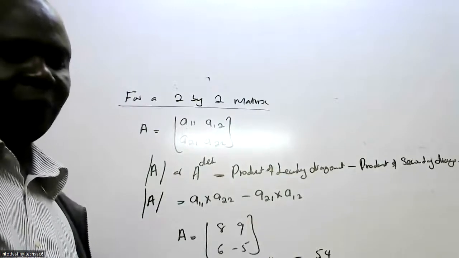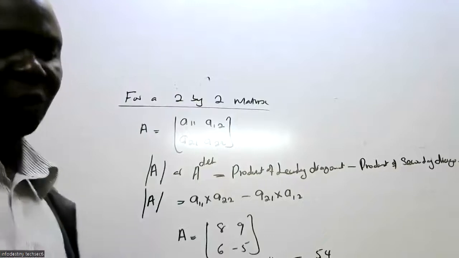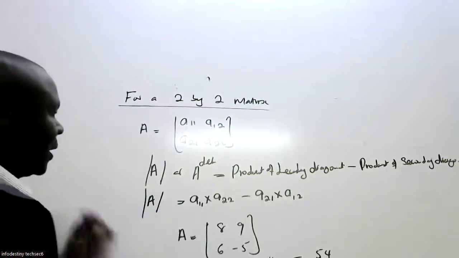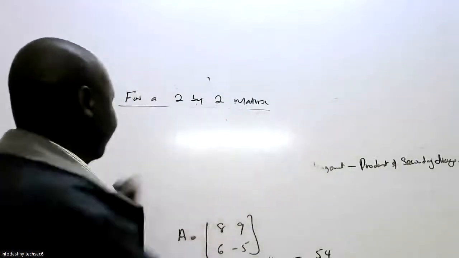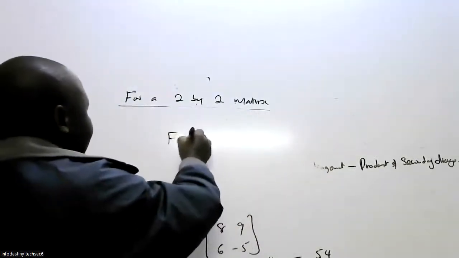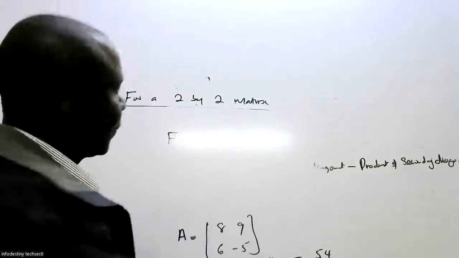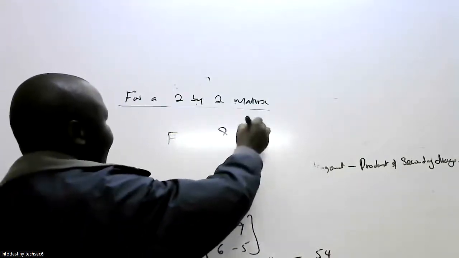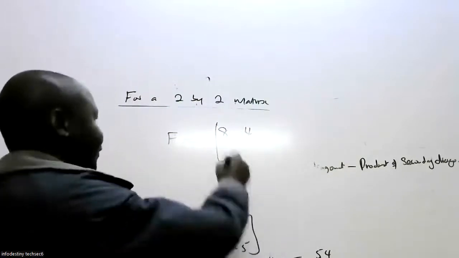I just want you to find the determinant of F. Find the determinant of F equals [8, 4; 11, 5].